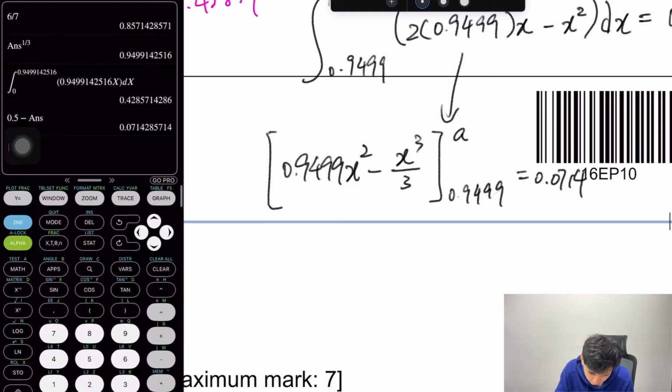So now basically it becomes a quadratic equation to do, okay?